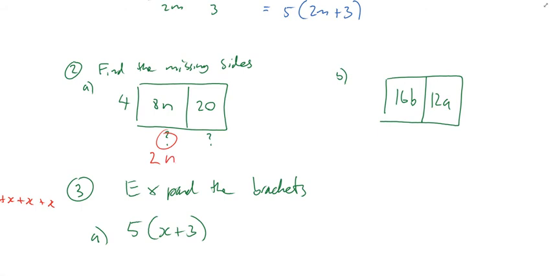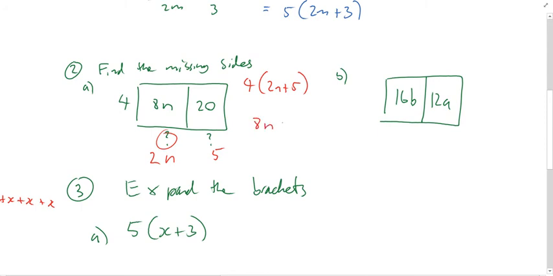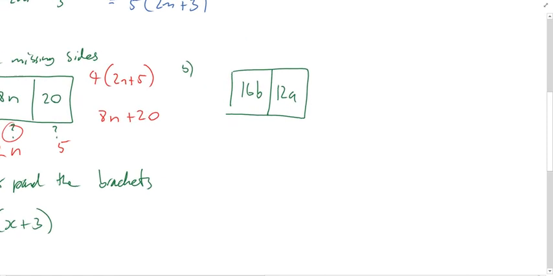So 4 times 2n is going to give me 8n, and 4 times what gives me 20? 4 times 5. So those two missing things there, and if I was going to write two expressions there, I would have 4 times 2n plus 5, or I'd have my 8n plus 20 are my two ways of representing that. Here's another one over here.